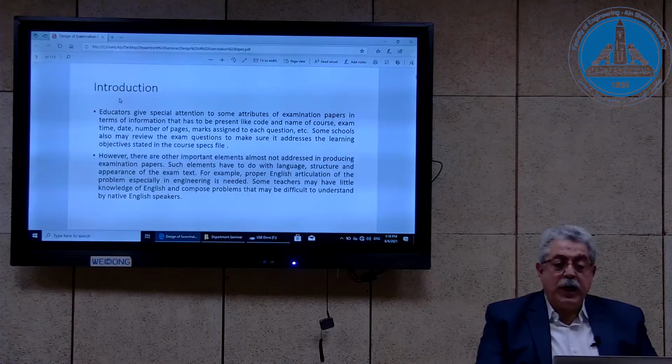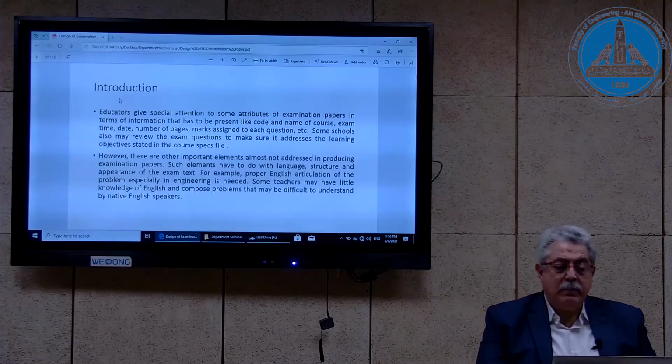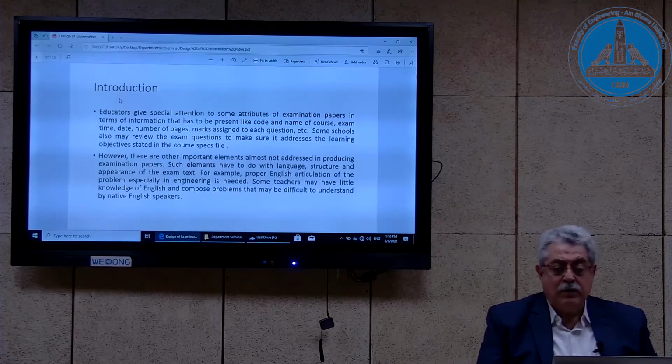Educators give special attention to some attributes of examination papers in terms of information that has to be present, like code, name of the course, exam time, date, number of pages, very similar to what we have seen in the previous lecture about the schoolhouse test software.